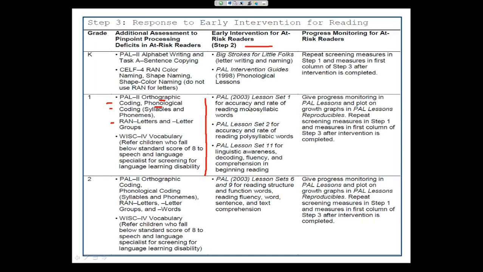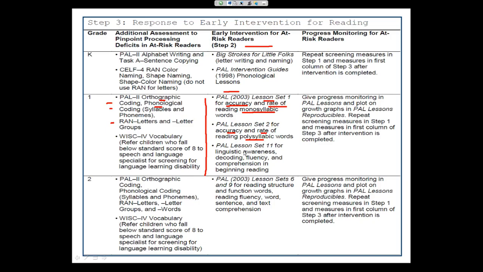So notice over here, we have listed for you from PAL 2003, which is research-based reading and writing lessons, you would use as a teacher or maybe a reading specialist working with a child, you'd use lesson set 1, and the objective of this lesson set is to improve accuracy and rate of reading monosyllabic words. Then you could also use PAL Lesson Set 2, and this focuses on reading accurately and fluently polysyllabic words.